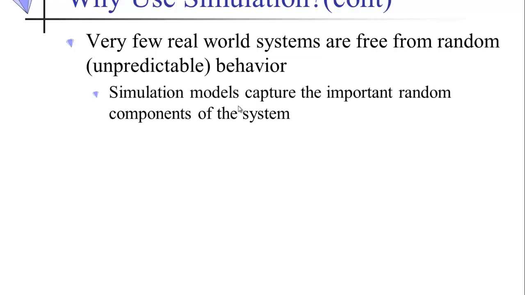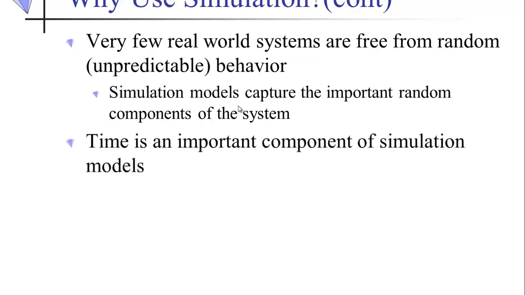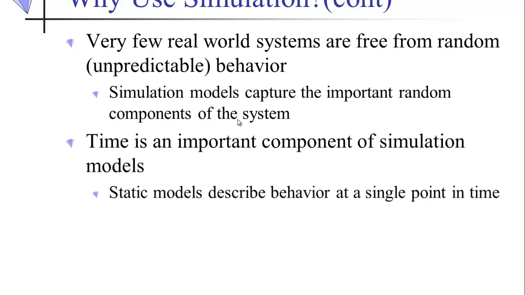Simulation models capture the important random components of the system. That's what I basically just said. Absenteeism, variability in demand, etc. Time is an important component of simulation models. If you do a static model, which is like a flow chart, it describes behavior of a system at a moment in time, at a single point in time.